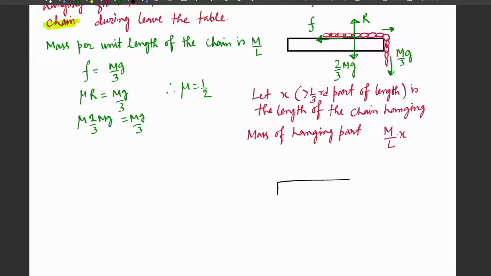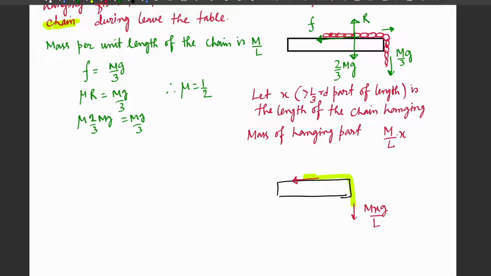If this is the table and this is the chain, here the weight acting is mxg by l. In this direction there is a frictional force.